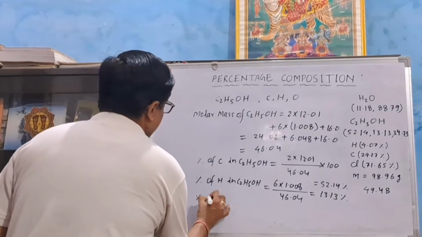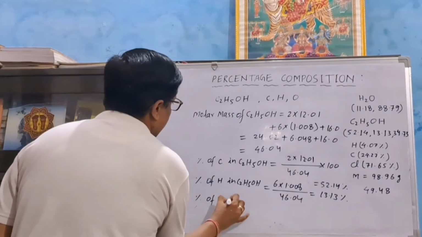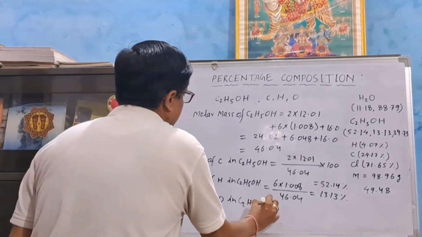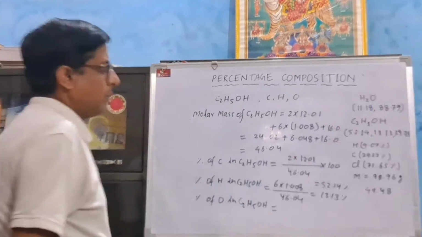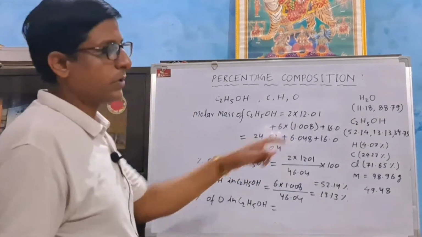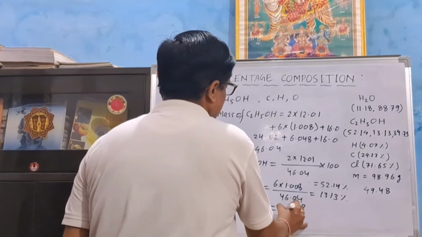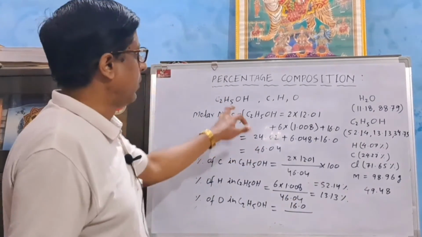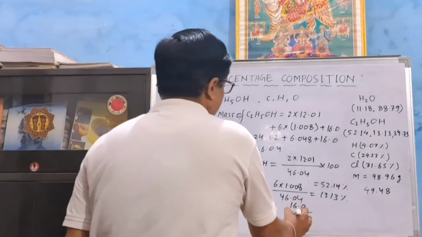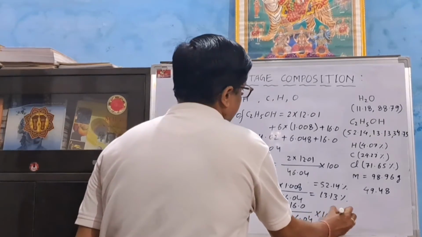Similarly, the percentage of oxygen in ethanol is equal to the atomic mass of oxygen, which is 16.0, divided by, since only one oxygen atom is present in ethanol, the molar mass 46.04 into 100.